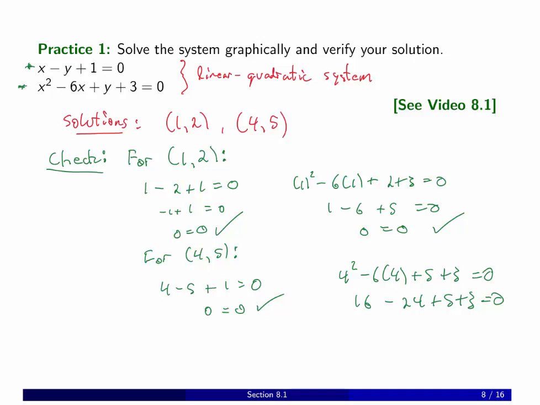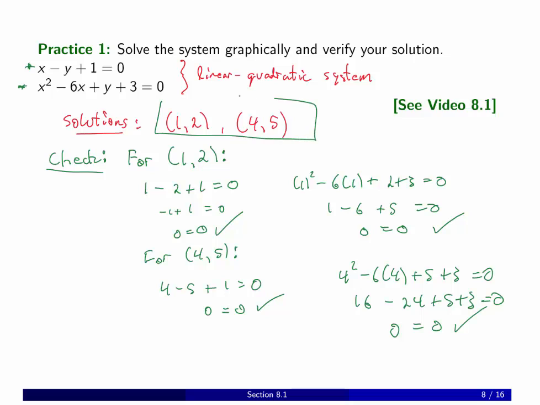Ooh. Let's make sure we did this correctly. 4 squared. And I did do it correctly, so we have 8, 24, that's 0. Perfect. So they're both solutions.